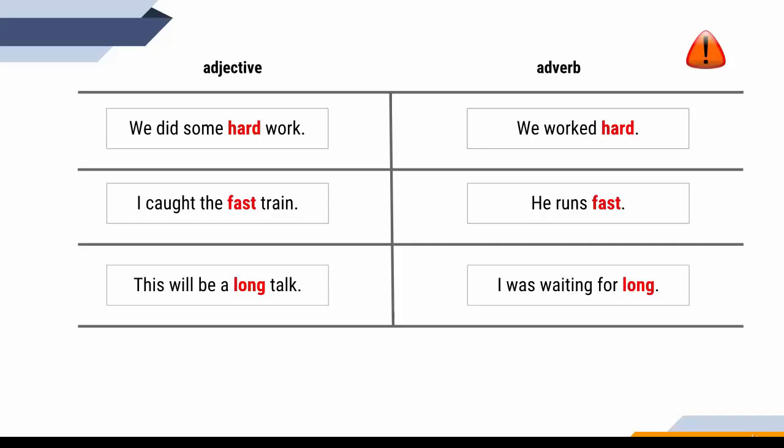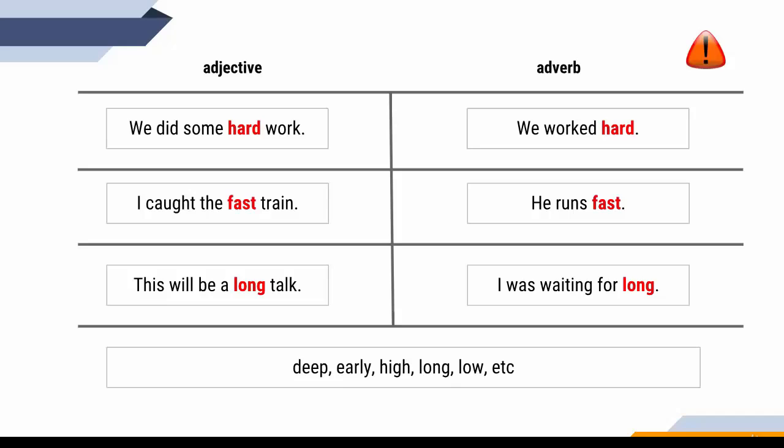He runs fast. This will be a long talk. I was waiting for long, not for longly. Hard, fast, long. You memorize them from now. There are more, and there are more specific usages, but for now, this is enough. Hard, fast, long. One and the same forms as adjectives and as adverbs.